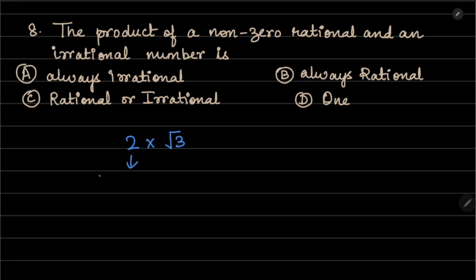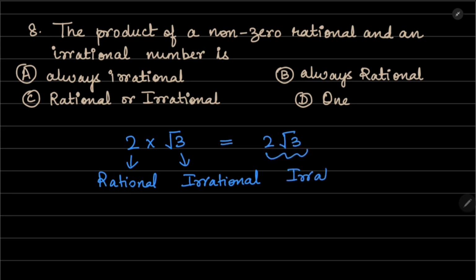So 2 is your rational number and your root 3 happens to be your irrational number. So when you see the product, what is 2 root 3? 2 root 3 is also irrational. Okay, so always remember the product of a non-zero rational and an irrational number is always irrational. So this is something which you have to note.